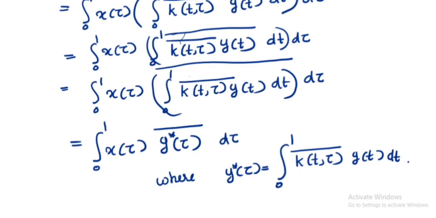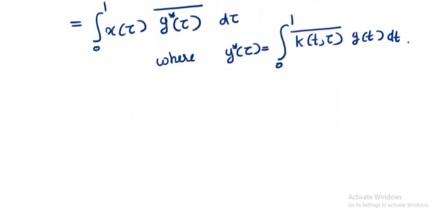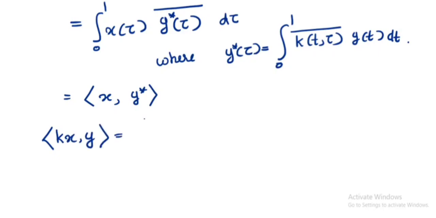Okay, so actually what is this one? This is the integral from 0 to 1, therefore this is actually the inner product of x and y star. Thus we get the inner product of Kx and y is equal to the inner product of x and y star. Actually this is, by notation, equal to x, K star y.